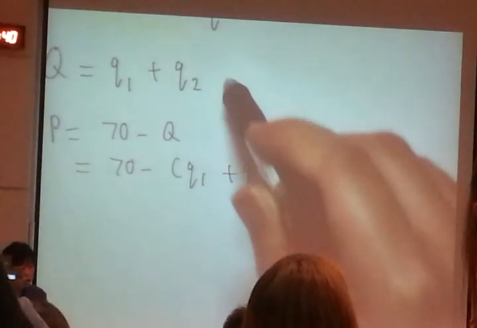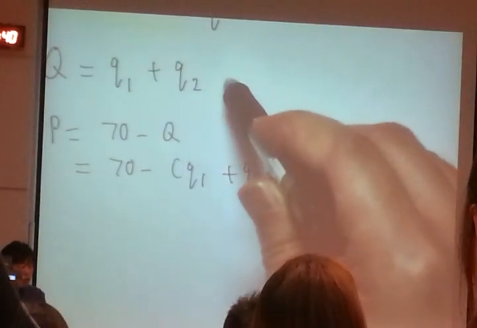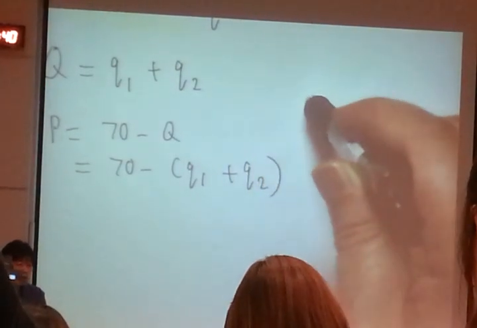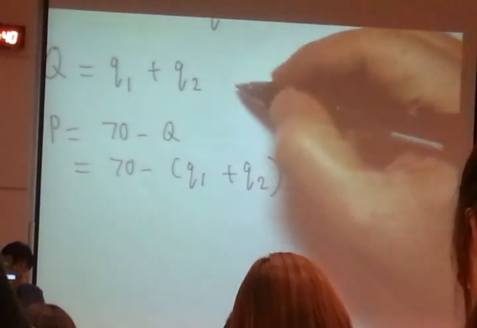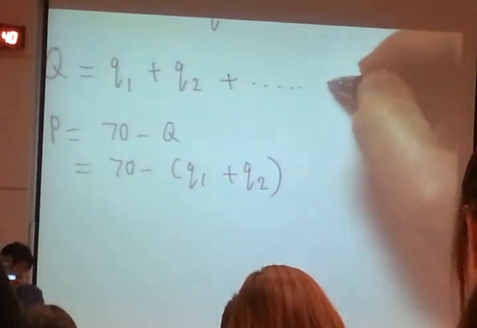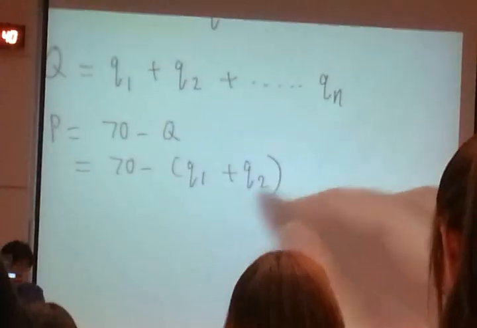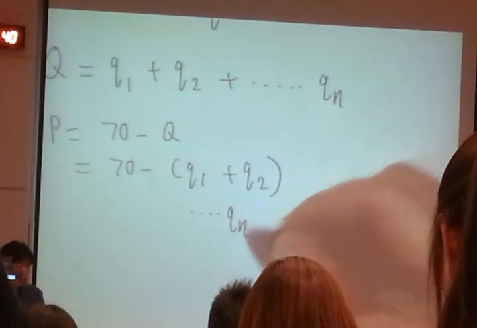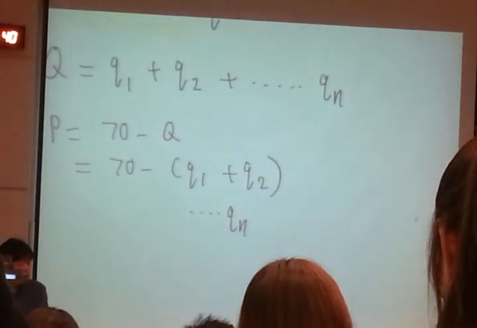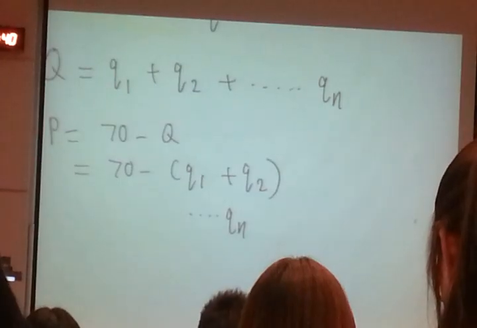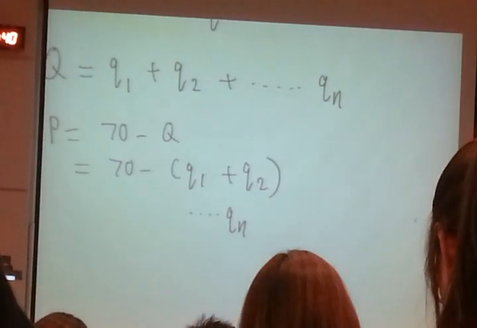If there are 5 firms, it must go to 3, 4, 5. If there are n firms, then here should be n. You understand?